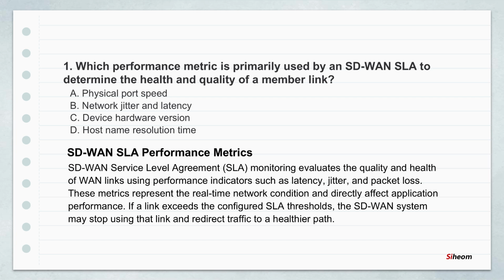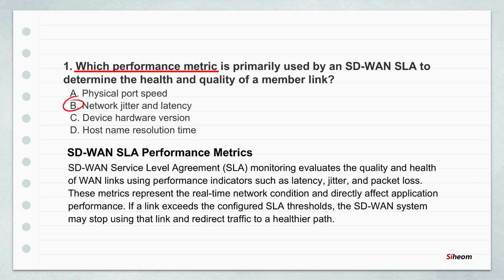So question 1 asks how an SD-WAN service level agreement, or SLA, actually determines the health and quality of a member link. And this is where they try to trick you. Yeah, the exam tries to throw you off by offering distractors like physical port speed or device hardware versions or hostname resolution time. But the core concept it tests is your understanding that an SLA relies on measuring network jitter and latency.